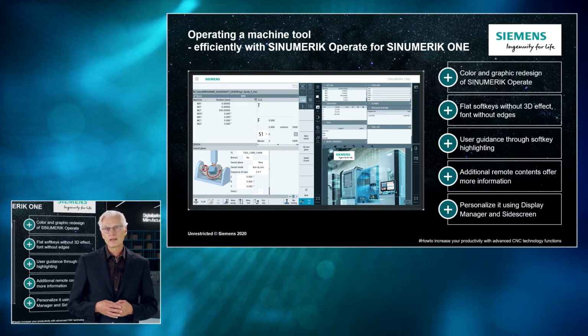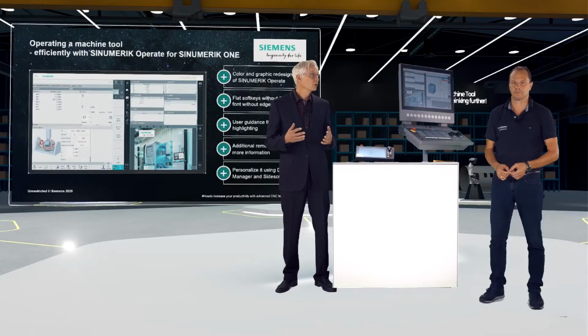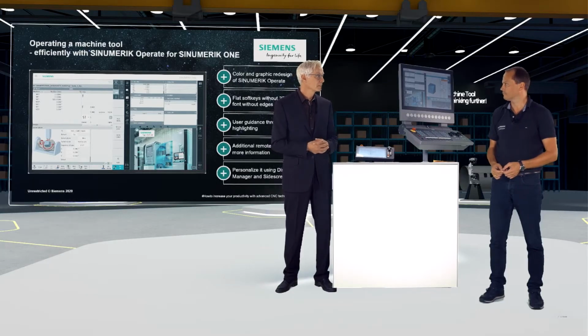The up to 24-inch Numeric Blackline Plus panel offers exactly the space needed for such additional content. Let's ask Wolfgang if he can give us a few examples to show the benefits of Numeric Operate operation, which has been trimmed for efficiency.